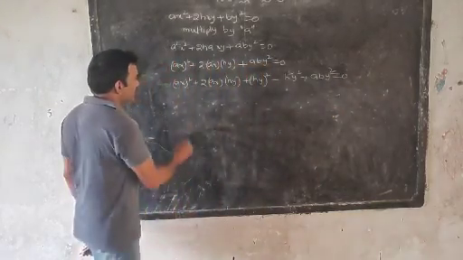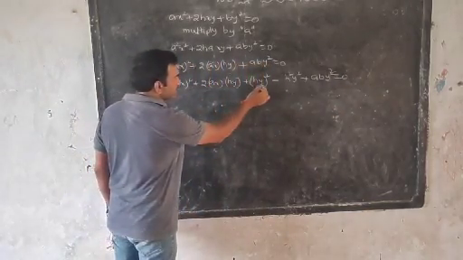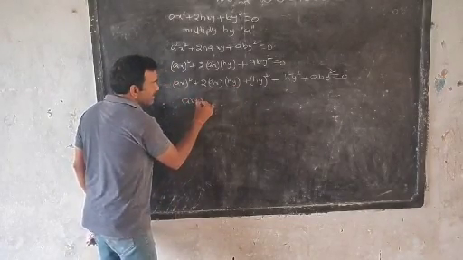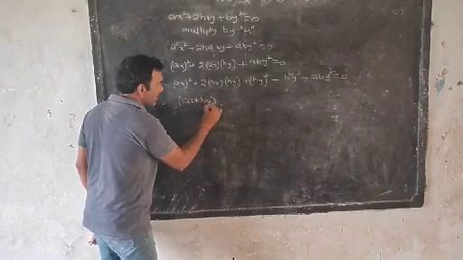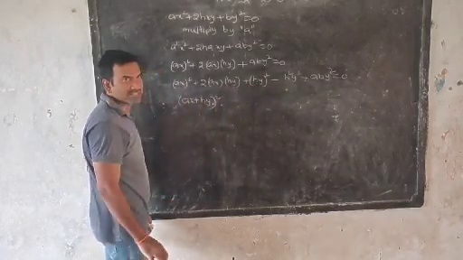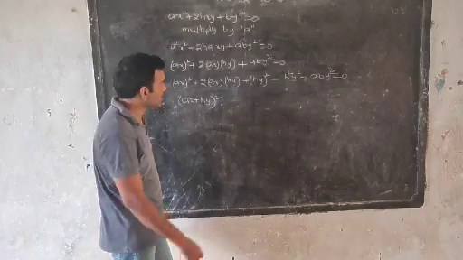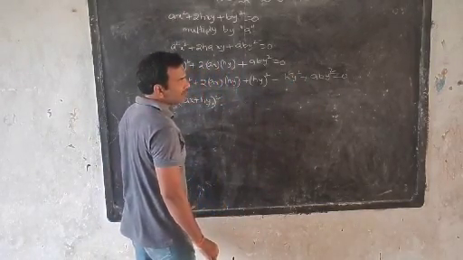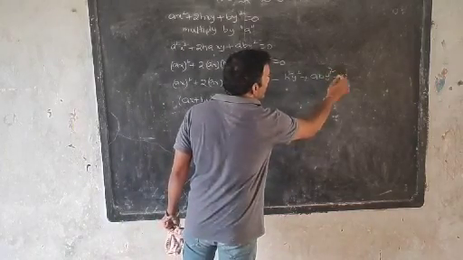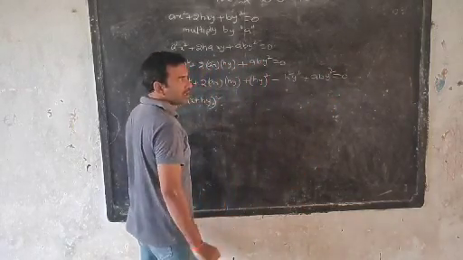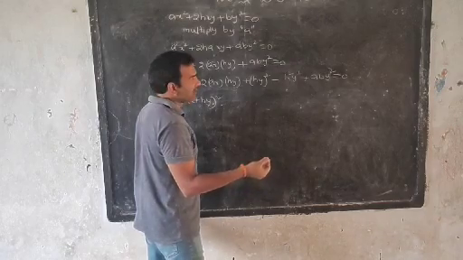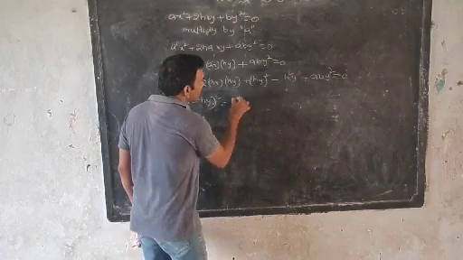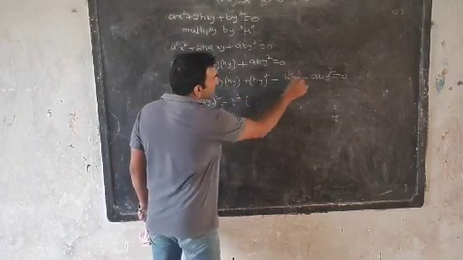Now you can check a square plus 2ab plus b square, these three terms I am considering as (ax plus hy) whole square. In the remaining two terms, one common value is there, that is y square. I am taking minus y square as the common factor.